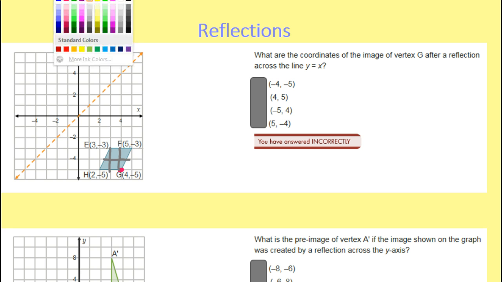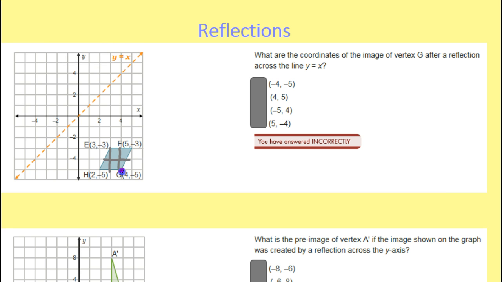What I like to do is count. I'm going to count the squares until I get to the reflection line. I'm moving diagonally here, so this would be 1, 2, 3, 4. It's 4 full squares.